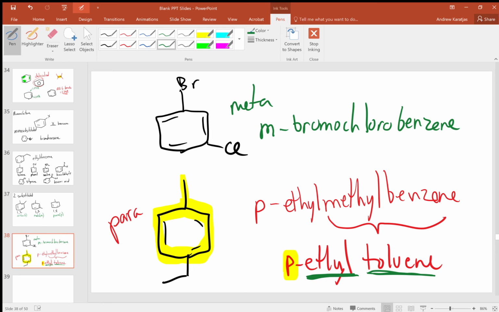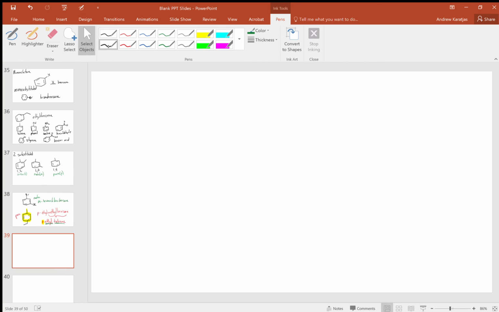Now, these terms ortho, meta, and para, you can only use them when you have exactly 2 substituents. What happens when you have more than 2 substituents? Well, when you have more than 2 substituents, at that point you have to go back to the same method of numbering that you did for cycloalkanes.